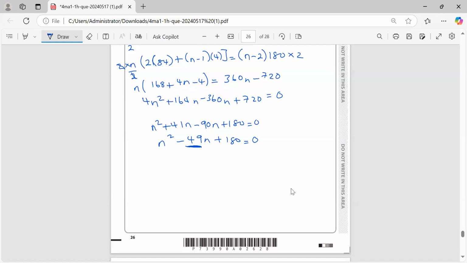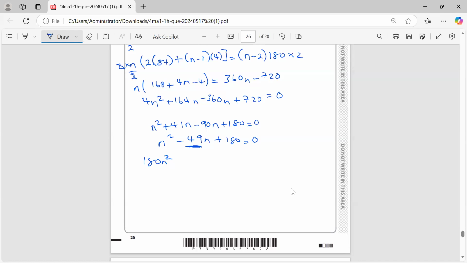So the first term and the last term is n squared times 180, so I'm going to get 180n squared, right? I'm going to look for two terms so that if I add them together, they give me negative 49n, and if I multiply them together, they give me positive 180n squared.